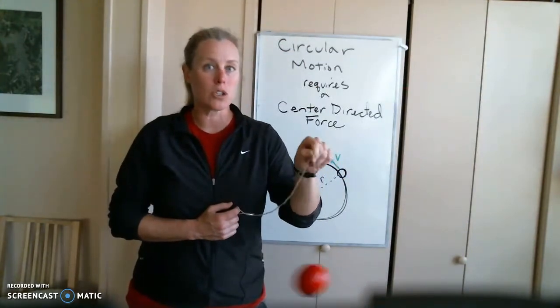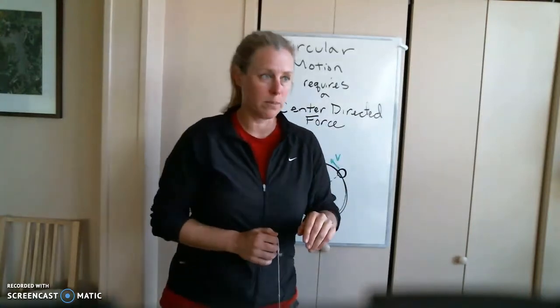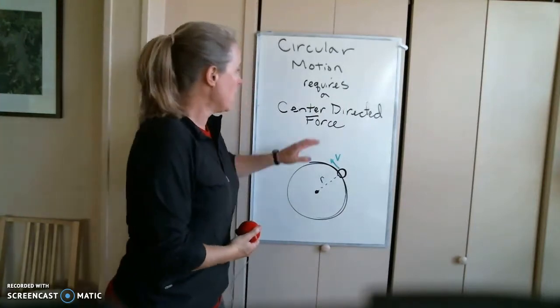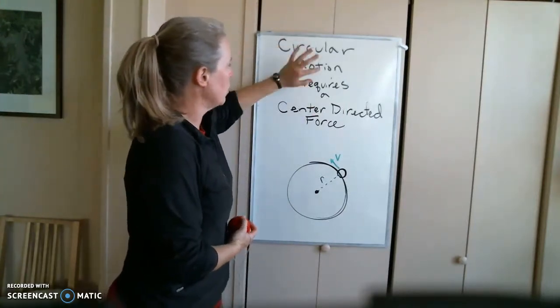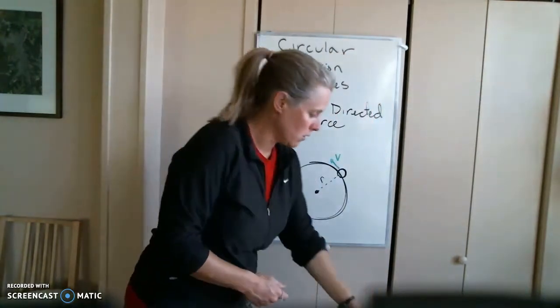If I let go of that string, right, the ball wants to go in a straight line motion. Now, I let it go and there's still the force of gravity, so it's going to curve. But circular motion requires a center-directed force, okay?